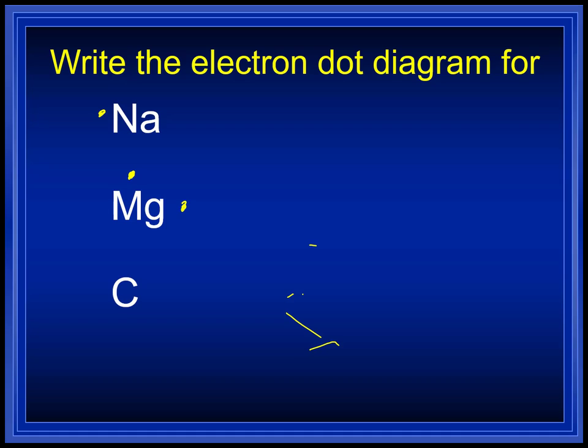So let's see if you can do this one. This one, it matters where you put the dots, because there's only one correct answer, because you find carbon is in group 4A.